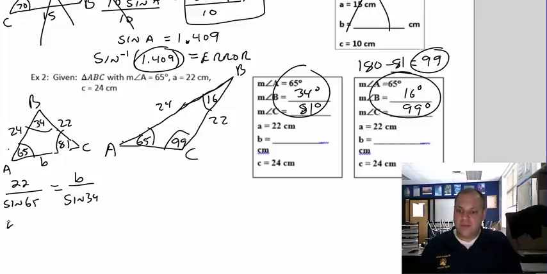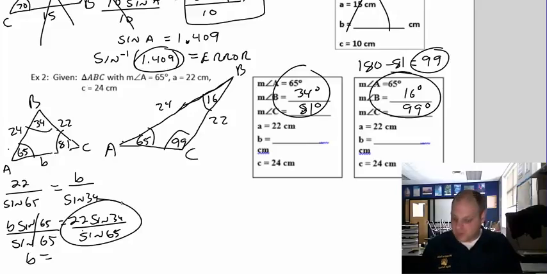So b sine 65 equals 22 sine 34. This is just like what we did in the last lesson, finding the missing side, just to fill in our table there. So b equals, put this in our calculator, and it comes out to be 13.6, I believe. Yep, 13.6.